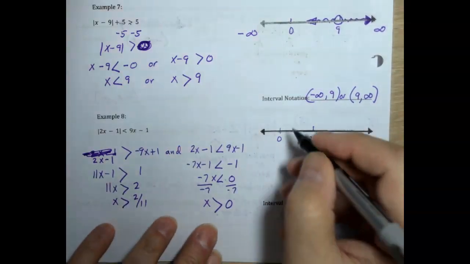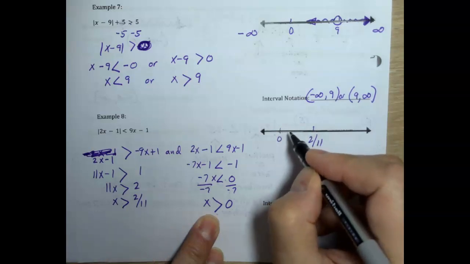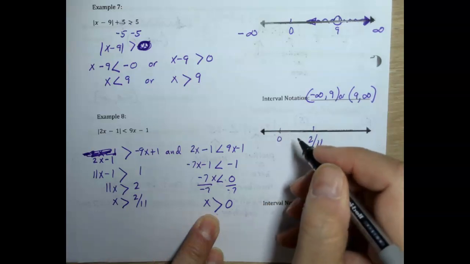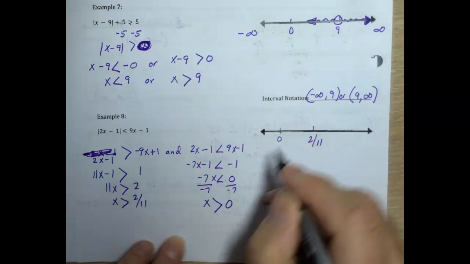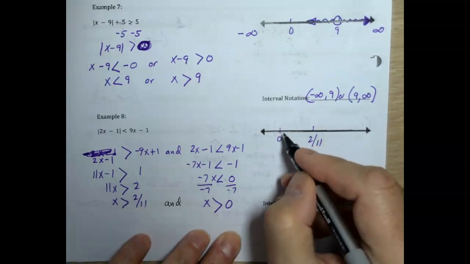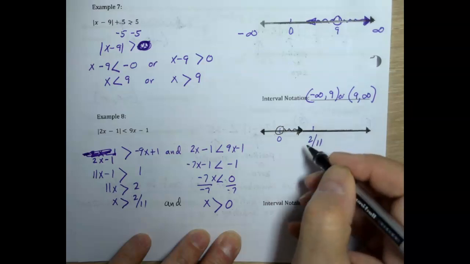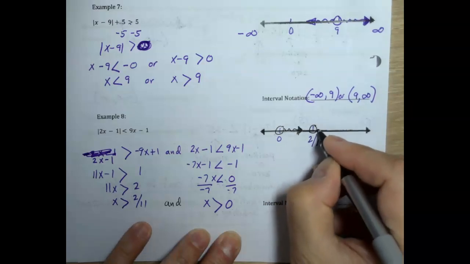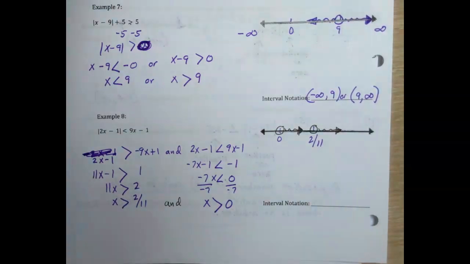So x is greater than 0 goes this way, and if x is greater than 2 11ths, also.